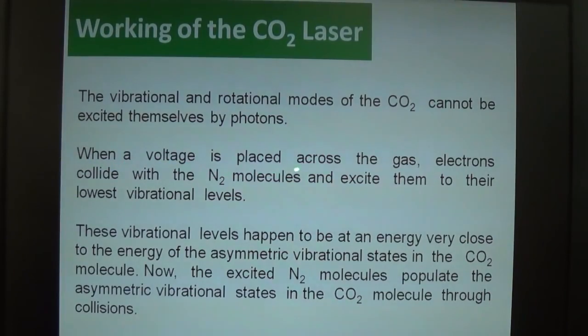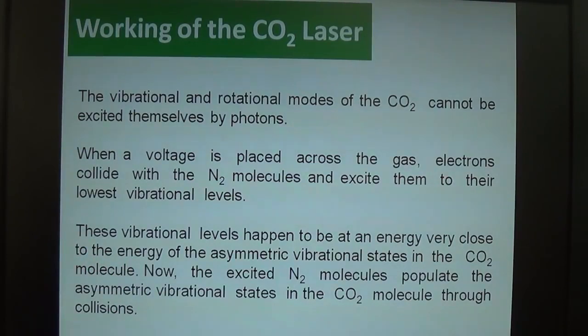We use the electric discharge method. When a voltage is placed across the gas, electrons first of all collide with the N2 molecules, and as a result these N2 molecules get excited, which then transfer their energy to the CO2 molecules by collision. These vibrational levels happen to be at an energy level very close to the energy of the asymmetric vibrational states in the CO2 molecules.